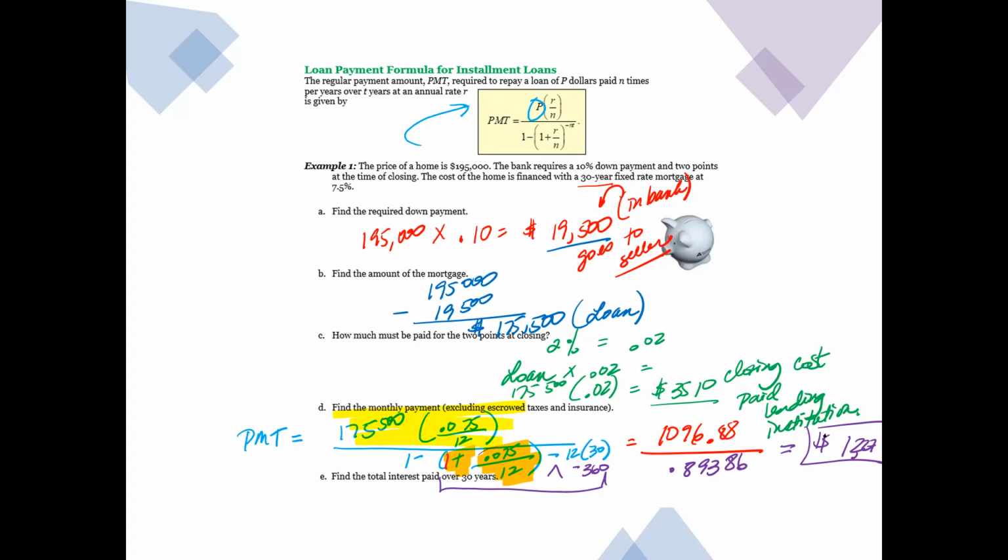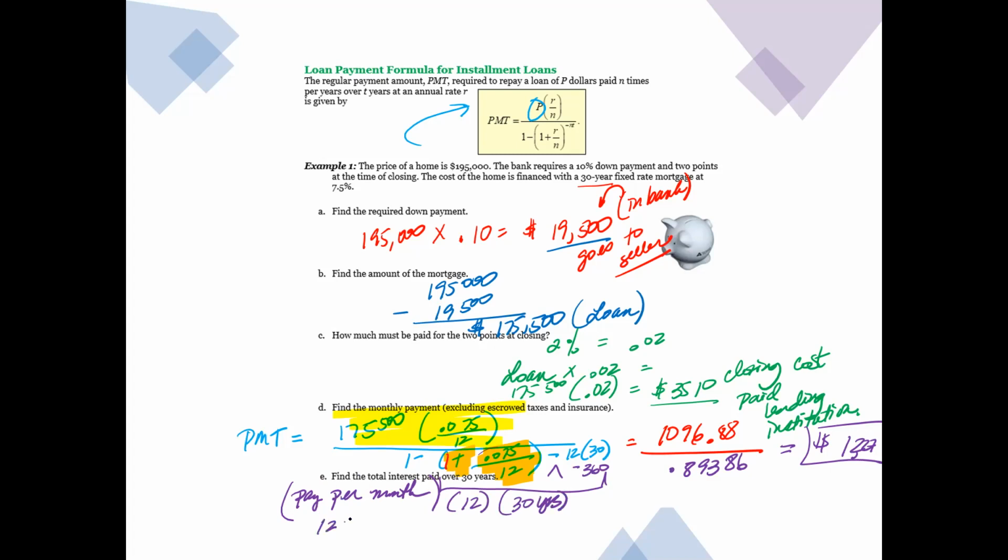You're going to take that number, which is how much you pay per month, and multiply it by the number of months, which is 12 months per year, times 30 years.